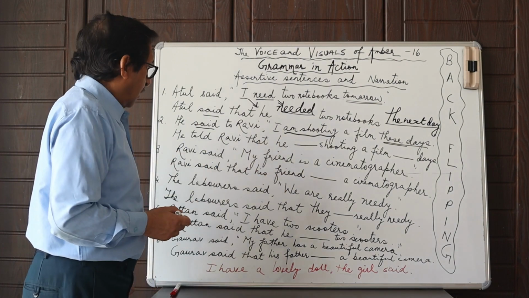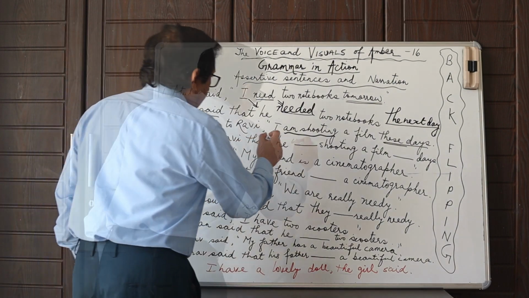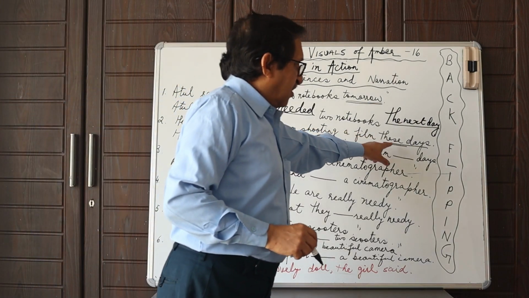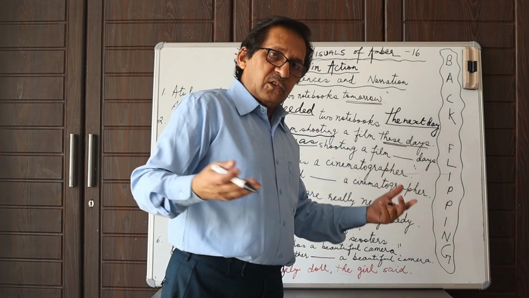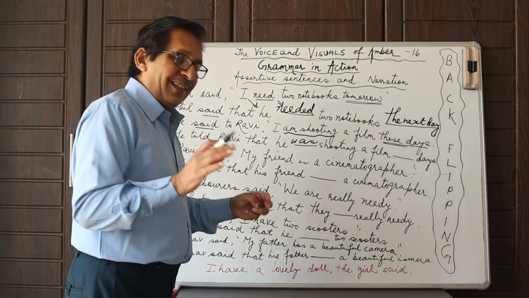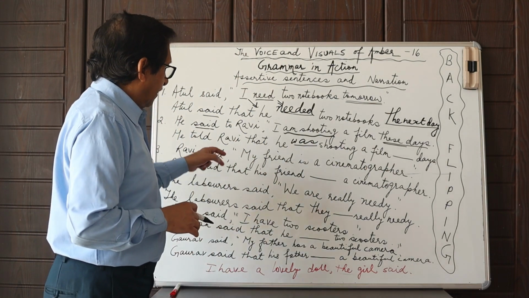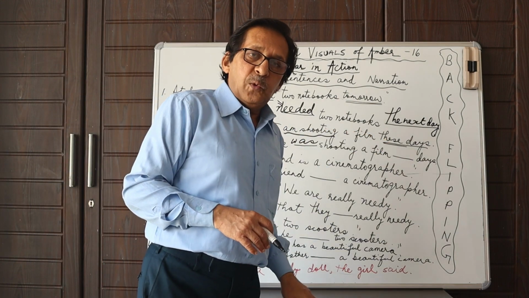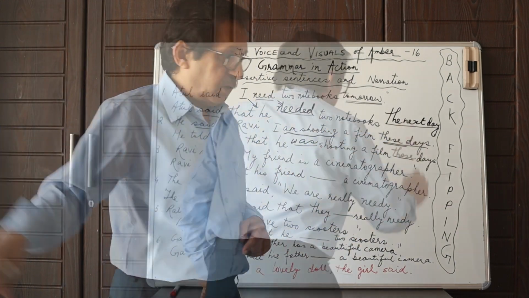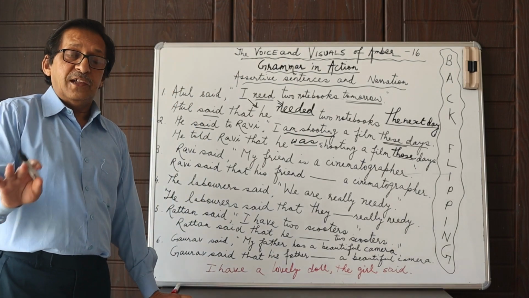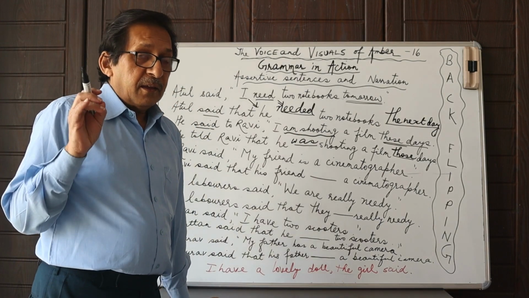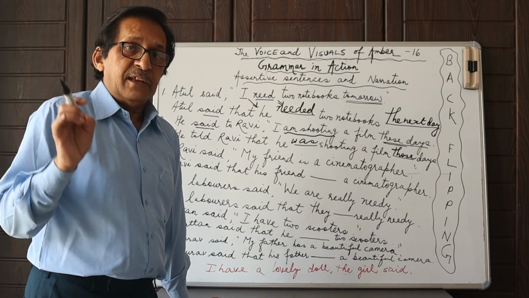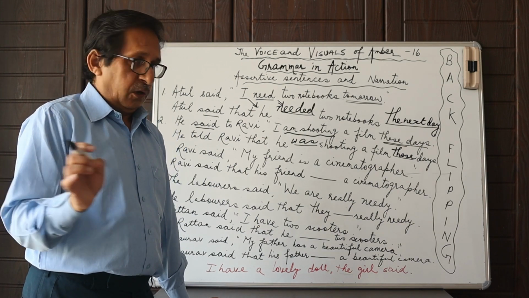Right? So he told Ravi that he was shooting a film, and these days will also, in order to maintain the consistency of tense and time with the simple past tense, become those days. Alright? And that's a strict rule. Again, I repeat, as far as an examination, a formal written examination or test goes.